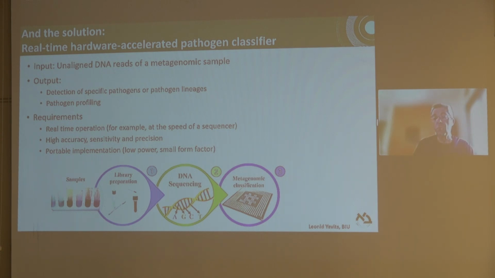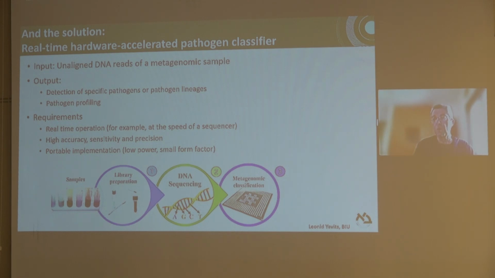Or we want to profile the pathogens. If there are several bacterial and viral pathogens in a sample, we want to build a profile of pathogens that we find. The requirements for such a platform would be real-time operation.